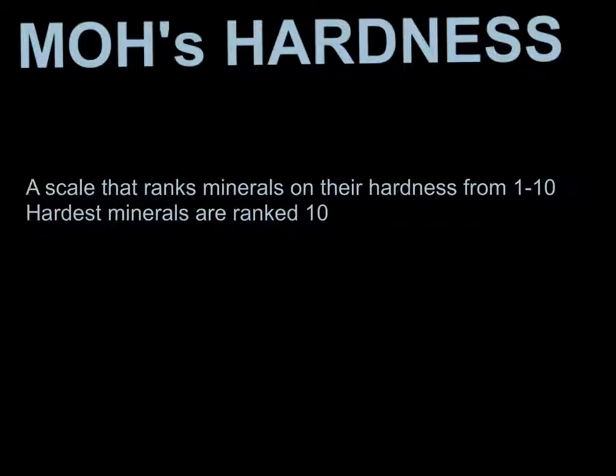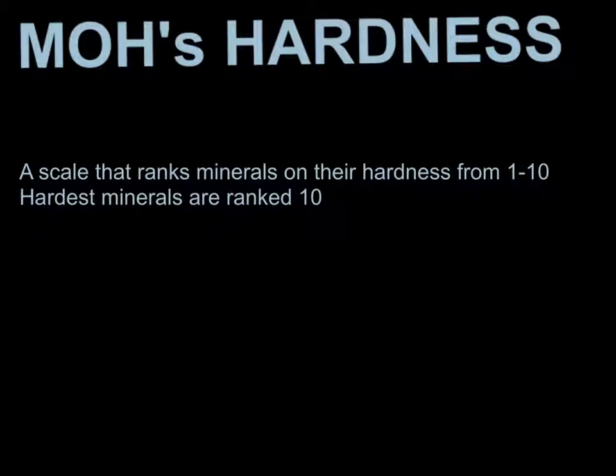The final test that we can use to identify minerals is to look at their hardness. The hardness of a mineral refers to how easily it can be scratched. The Mohs hardness scale is basically just a scale that ranks the minerals on their hardness from 1 to 10.